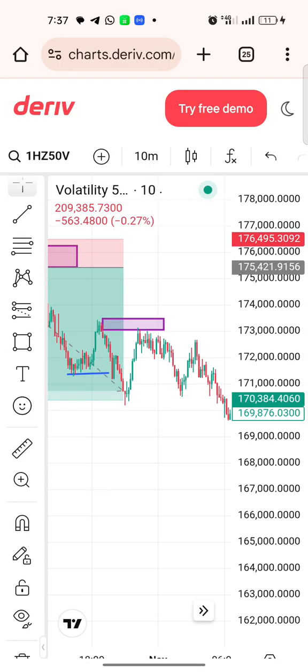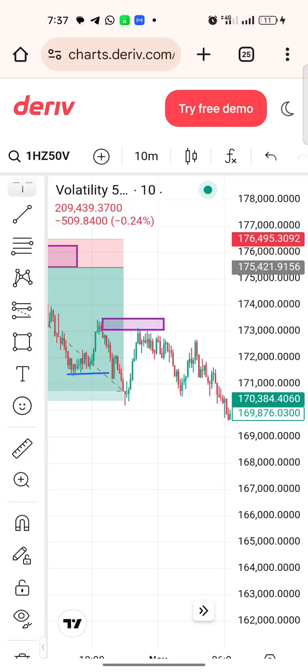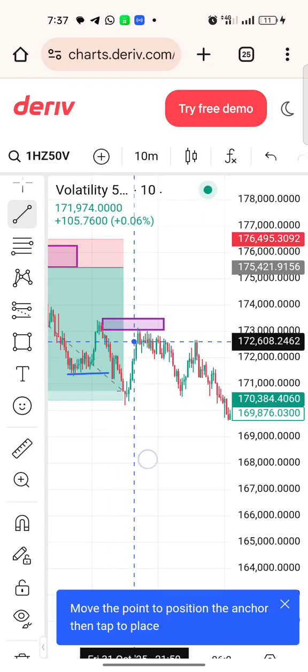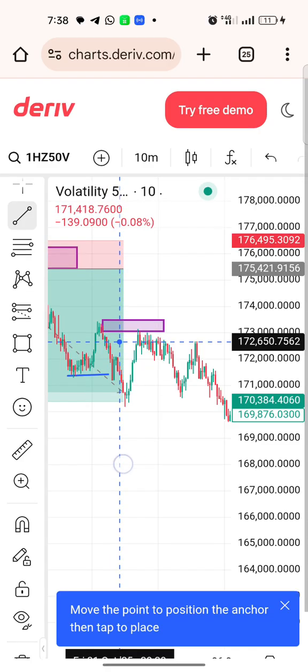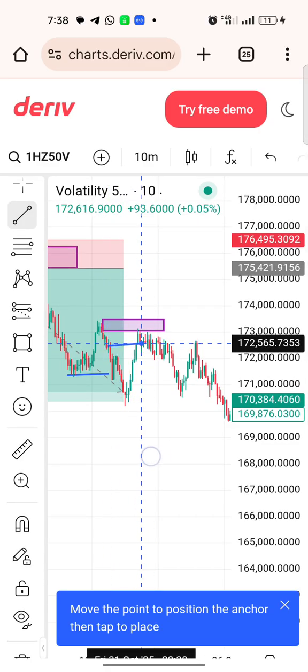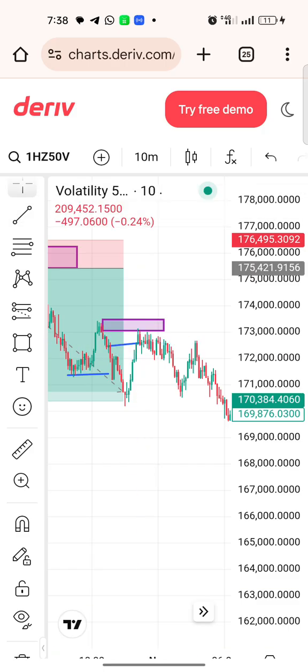Once we focus on this order block, then where is our liquidity? That's the first pullback in May that didn't get to the point of interest.